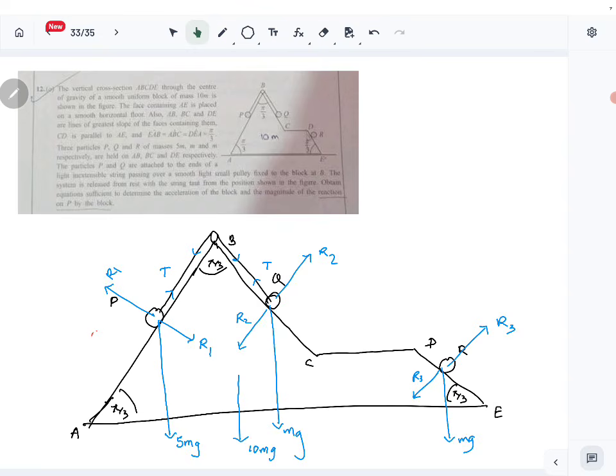So when it is at rest, R1 will be equal to what? 5mg cos theta, and R2 will be mg cos theta, and R3 is also mg cos theta. This angle is what? Pi over 3.